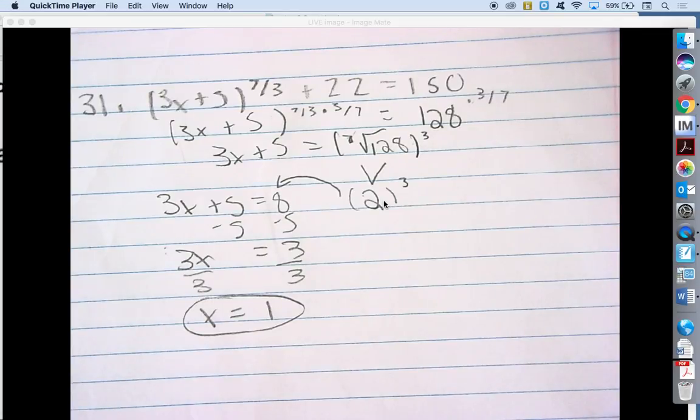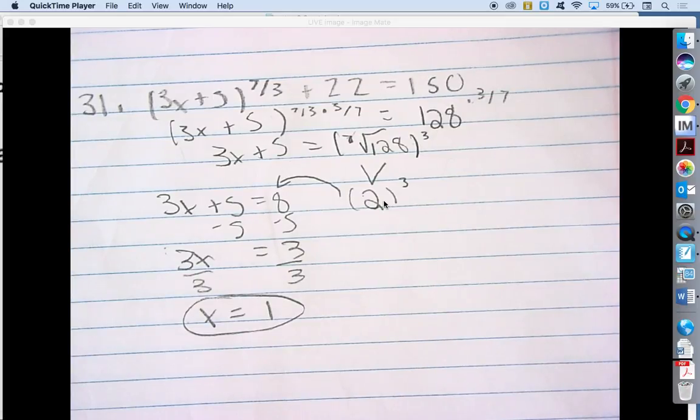So it's the same concept, the same exact process, just different numbers in the problem. The first thing I did is subtract 22 from both sides. And then you multiply each side by 3 over 7, because it's 7 over 3. And then you get 3x plus 5 equals, and then you do the 7 and the 3, because it's 3 over 7.